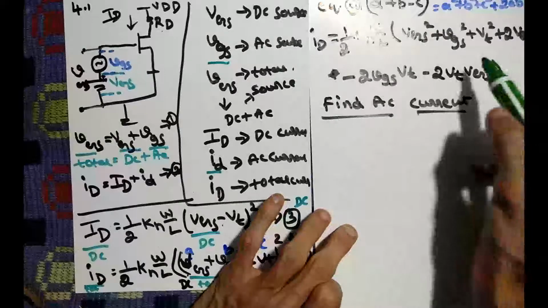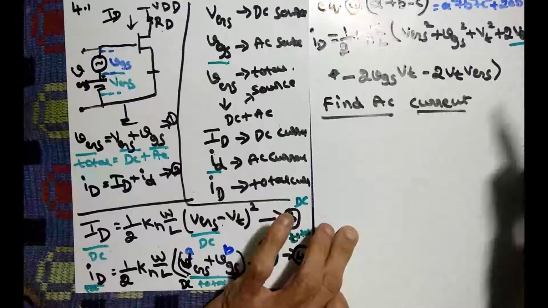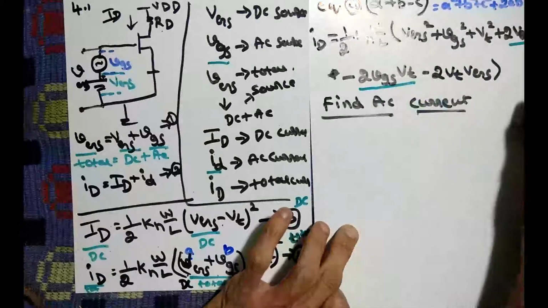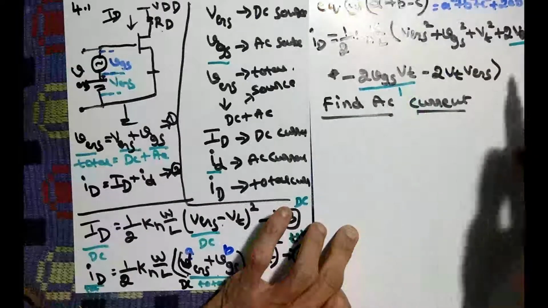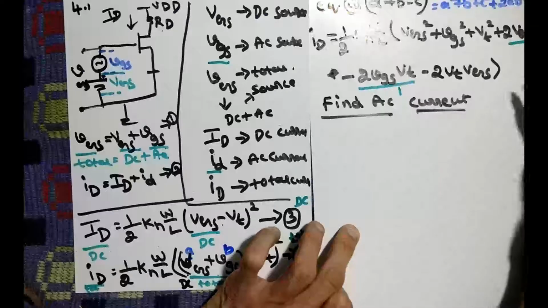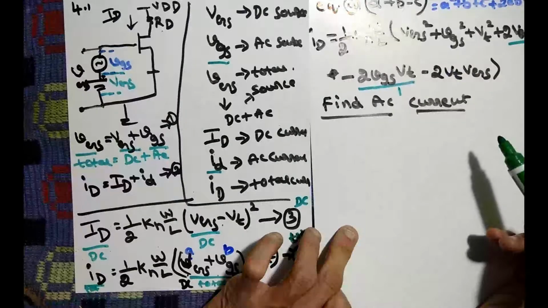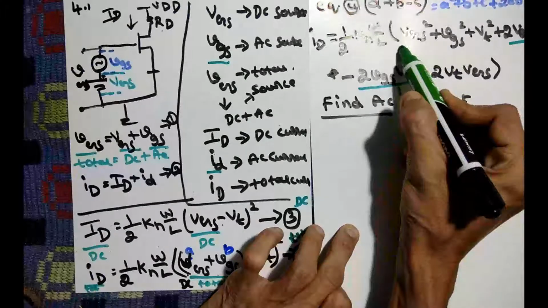Here small vgs is present in 2 capital VGS small vgs, and another one is here, minus 2 VGS and VT. This one I am calling by some name, equation 1 or some portion, and the other we can call something else, what does not have small vgs. This one we called VGS square.